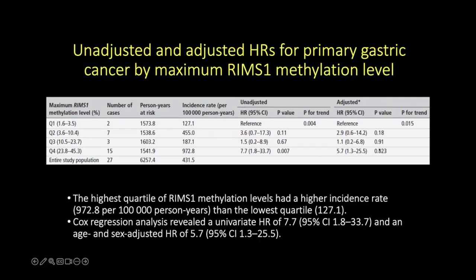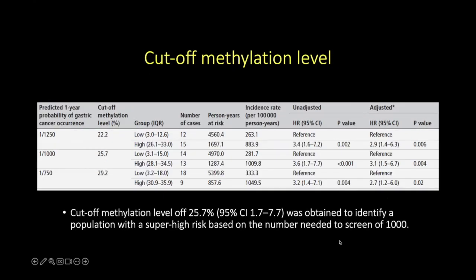And this was statistically significant with p-value of 0.023. When looking at the cutoff methylation level, at cutoff methylation of 25.7%, they were able to identify a population with a super high risk based on the number needed to screen of 1,000.